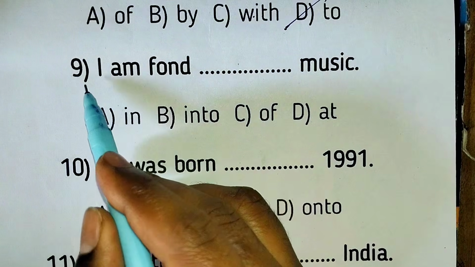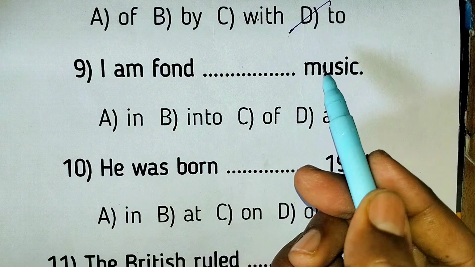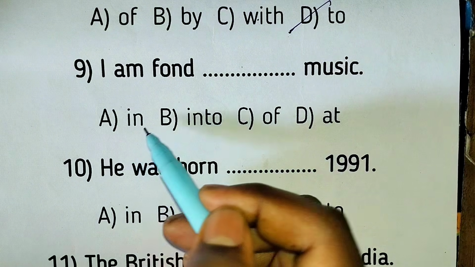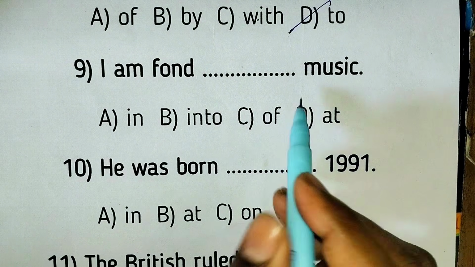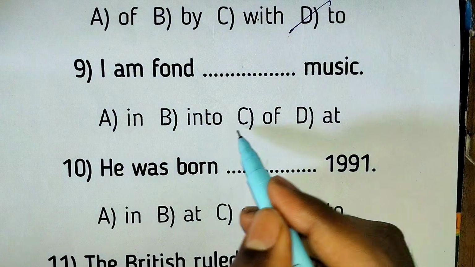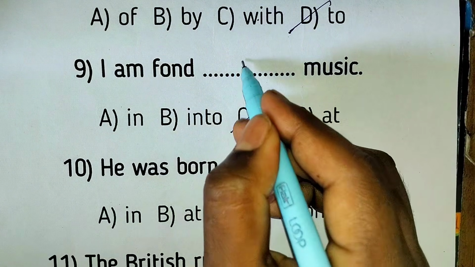The next is ninth number. I am fond dash music. Fond in music, into music, of music, or at music. So look, fond of is a prepositional phrase. So the right answer is of.